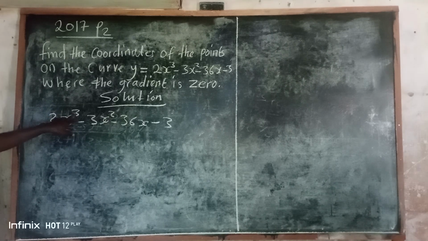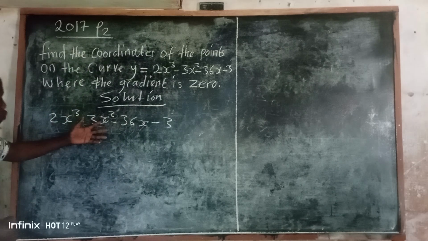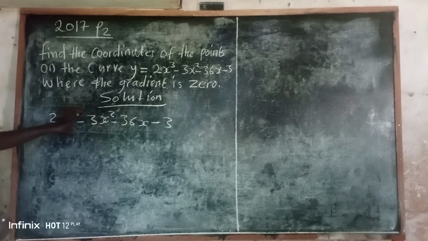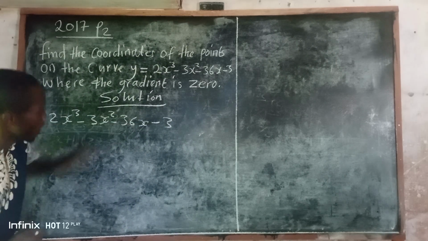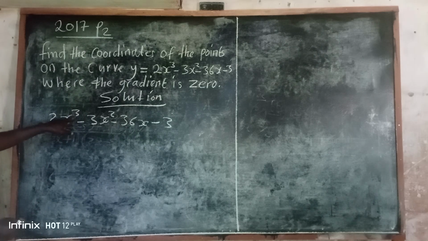Then that power is decreased by 1. And we do that term by term. So we do that on this one, we go to the next term, and also to the other term and the last one.